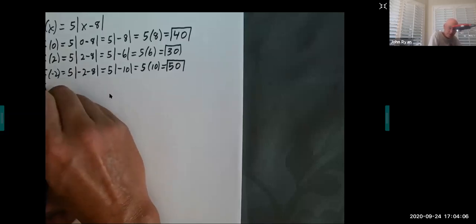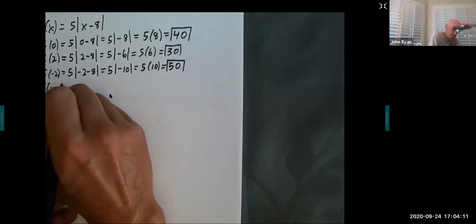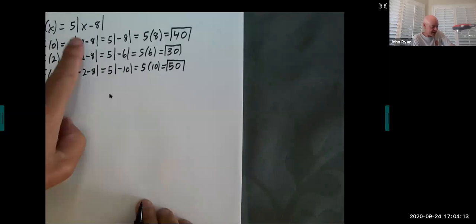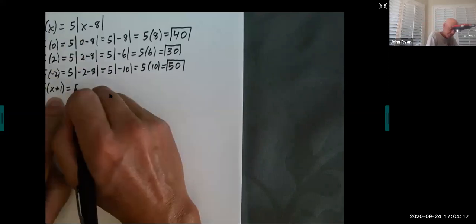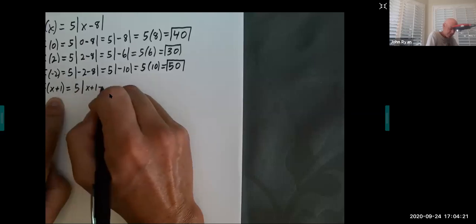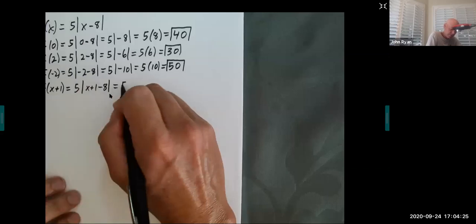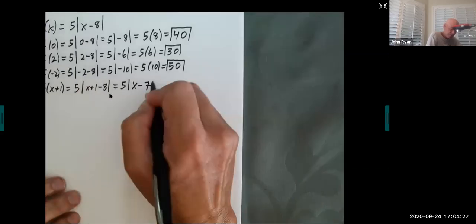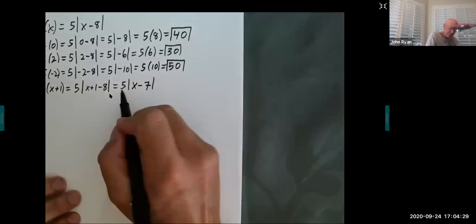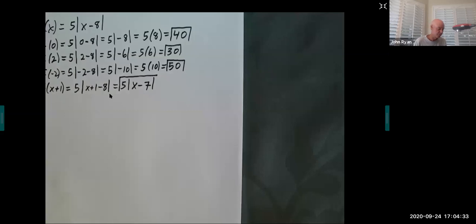Part 4, f of x plus 1. Now that means I'm going to replace that x with x plus 1. And that's it. Can't go any further. We don't have any specific numbers to work with.